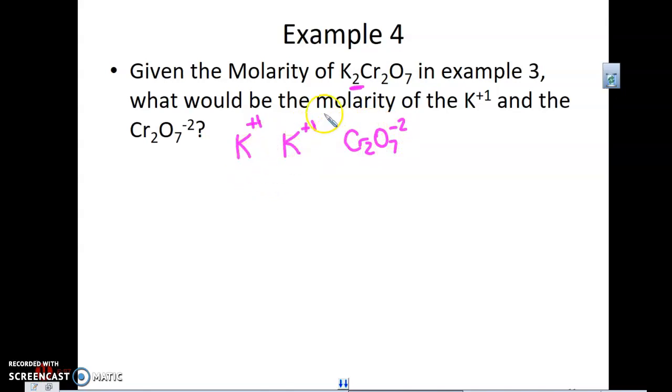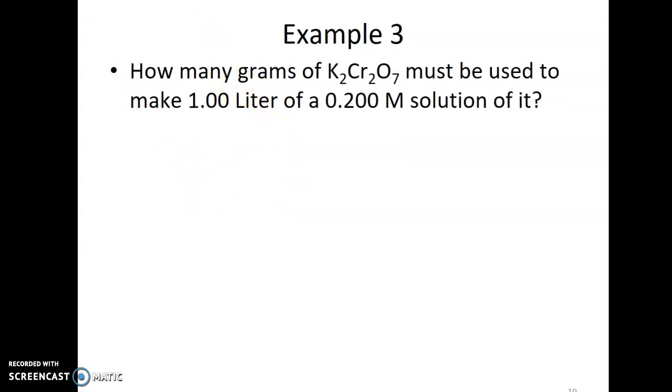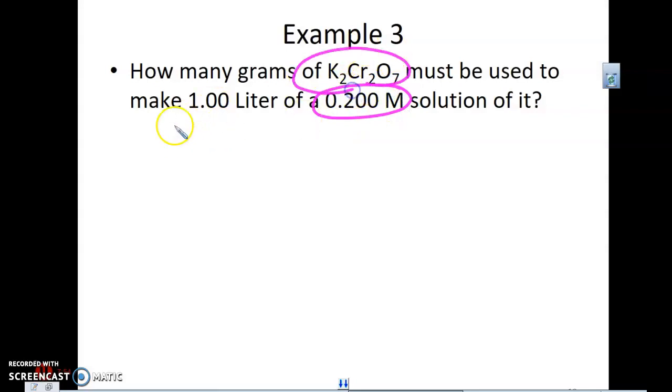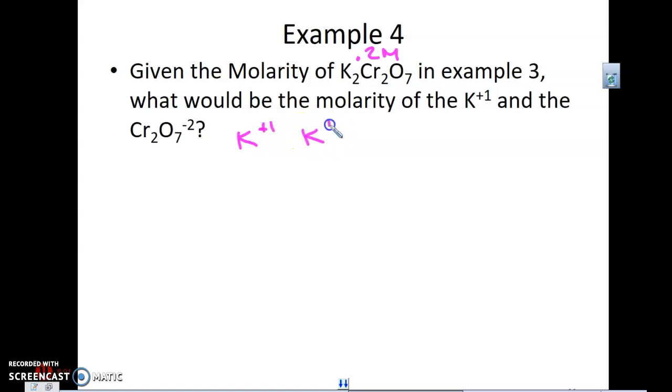What happens here is if we were to break this up, dissolve it in water, we have 2 potassiums and we have 1 dichromate. And so when we look at our molarity, we had a molarity of 0.2 molar of the whole thing, right? 0.2 molar of the whole thing. So if I have a 0.2 molar solution, but what's going to happen now is I'm going to break it up.